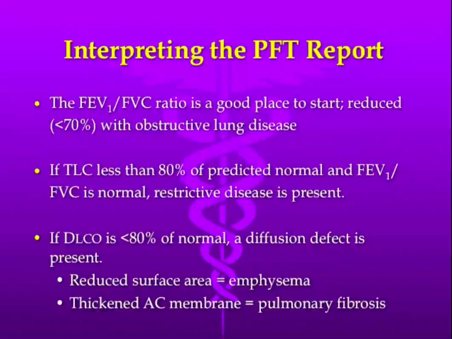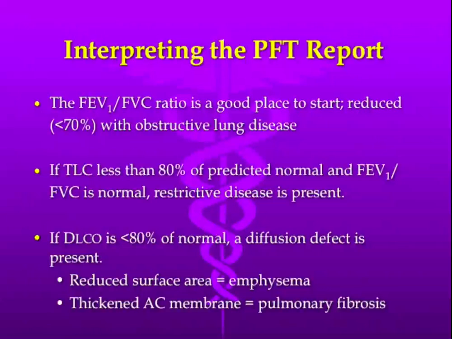Okay, let's look at interpreting the entire PFT report. The FEV1-FVC ratio is a good place to start, because bottom line, if your FVC is one value and your FEV1 is less than 70% of that value, you have some obstructive properties going on. FEV1 is how much gets out in the first second.